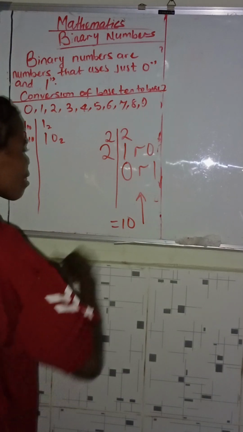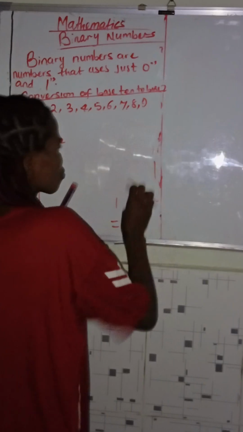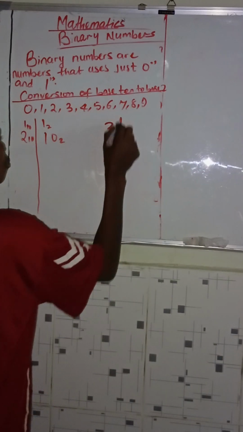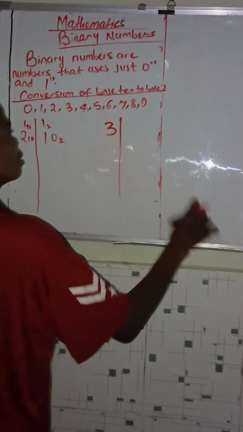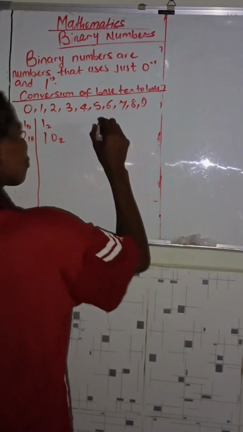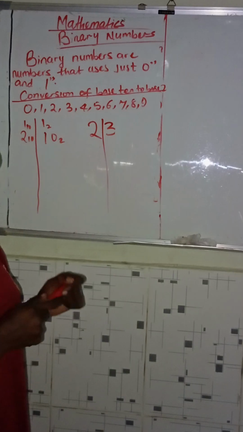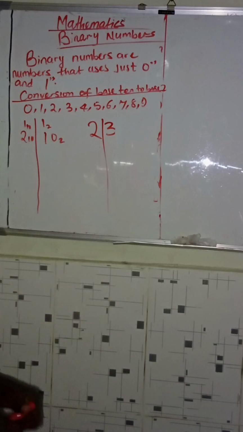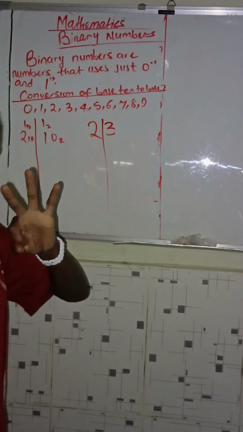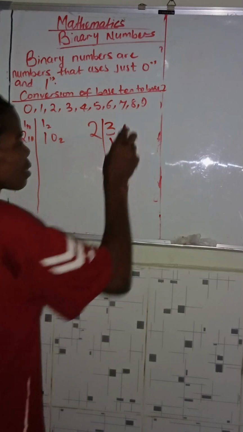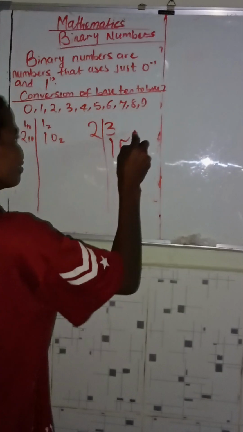Okay, now we'll go further. We're going for 3, right? 3. I want to use 2. How many times am I going to get a group of 2 from 3? Just 1, remainder 1.